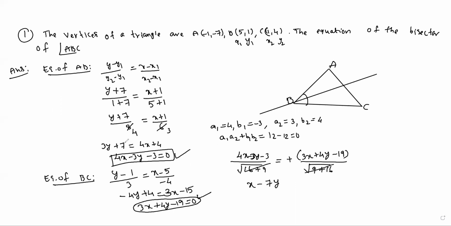Sorry, here a small correction in the AB line, because the value changes here. Here 3 cross multiplication means 3y, 7 times 3 is 21. We forgot to multiply by 3. So if you take 3y and 21 to this side, 4x minus 3y, 4 minus 21, you will get minus 17.